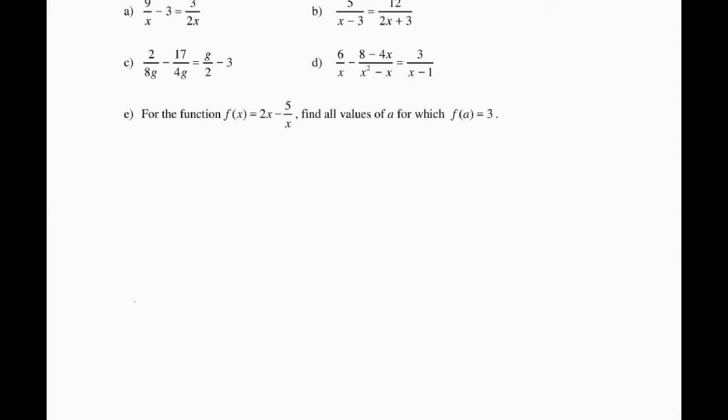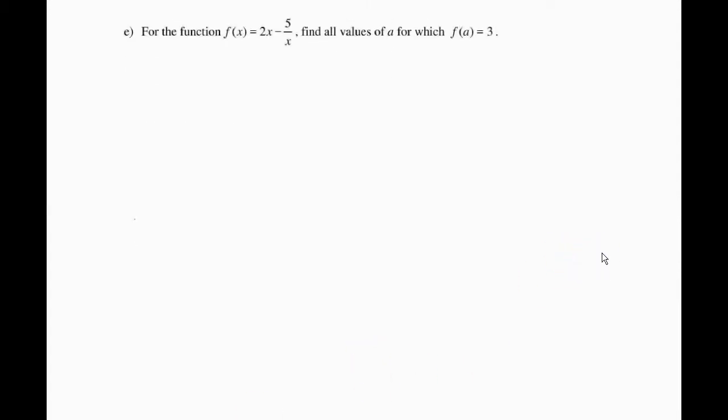So for our last one, let's see if we can move it up a little bit to get to our answers yet. Oh, I guess we had a lot of room here. Here they're saying in function notation, it's basically just this. 2x minus 5 over x equals 3.